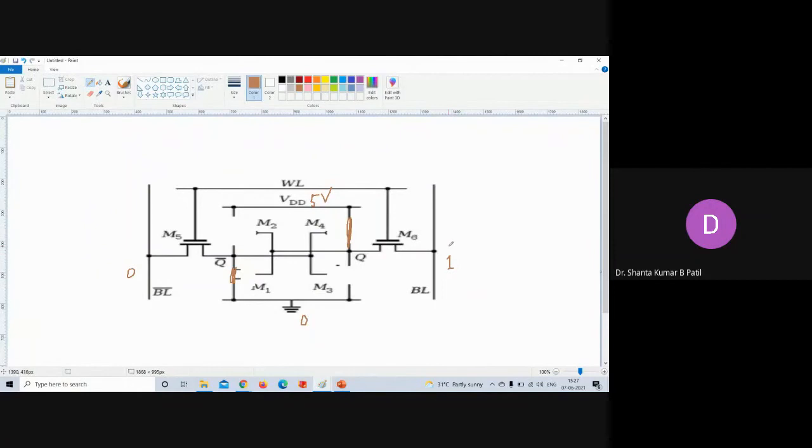That is what 5 voltage means: high. As I told, 5 or 6 voltage are called high voltage as compared to 0, so it is represented as 1. This 5 voltage is available until and unless you are giving power to the system.